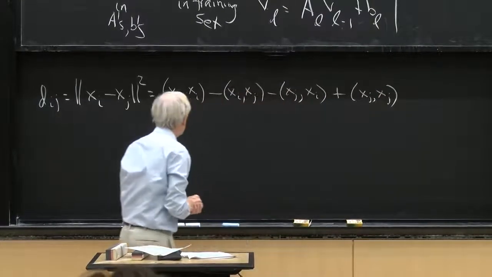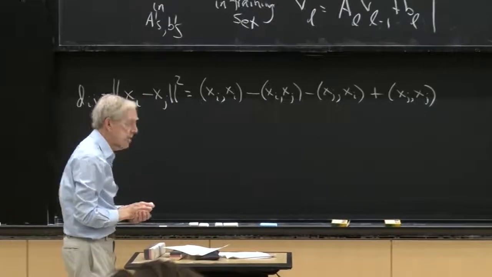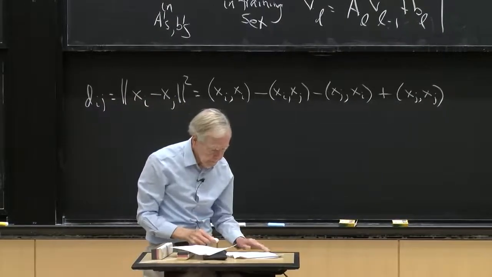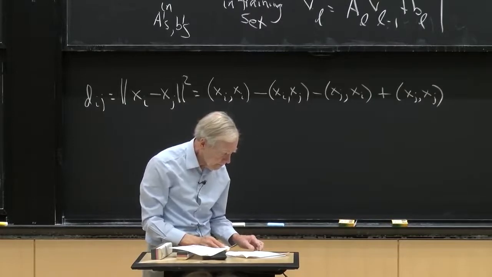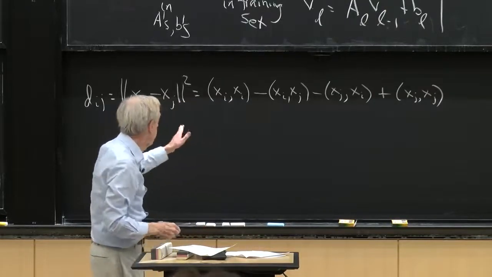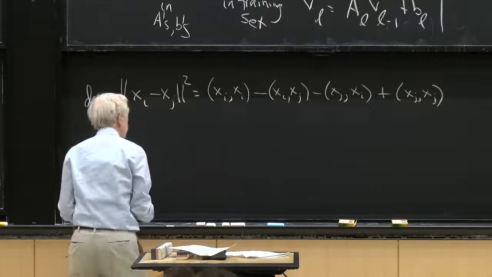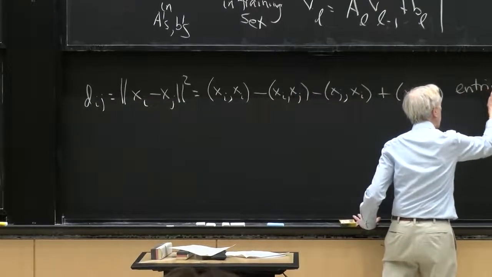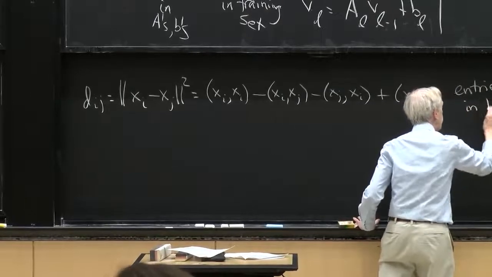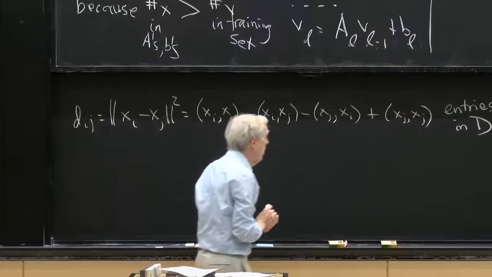Is that right? Yes. So those are the Dij's in a matrix. These are entries in the matrix D.